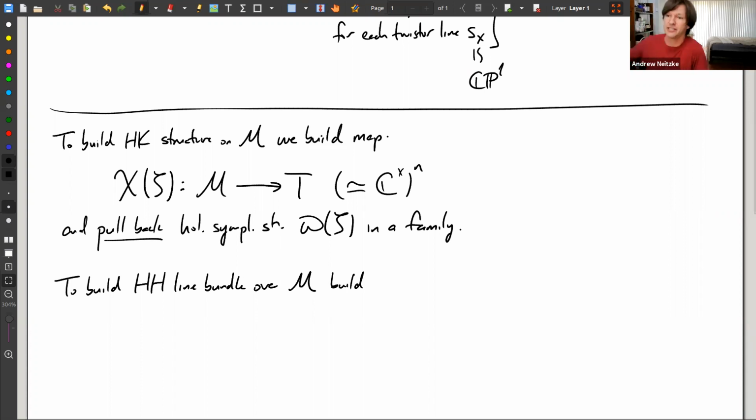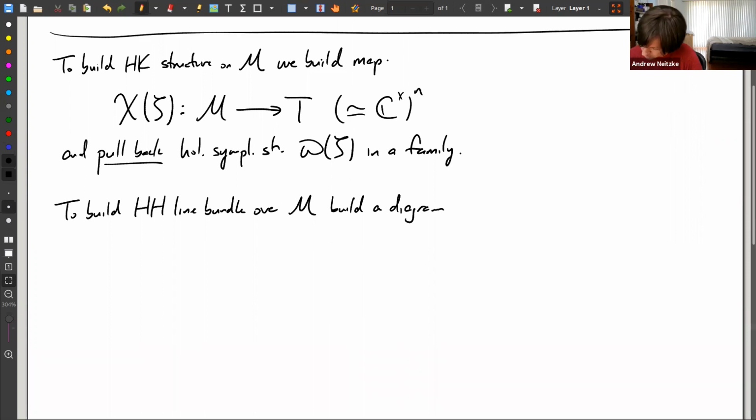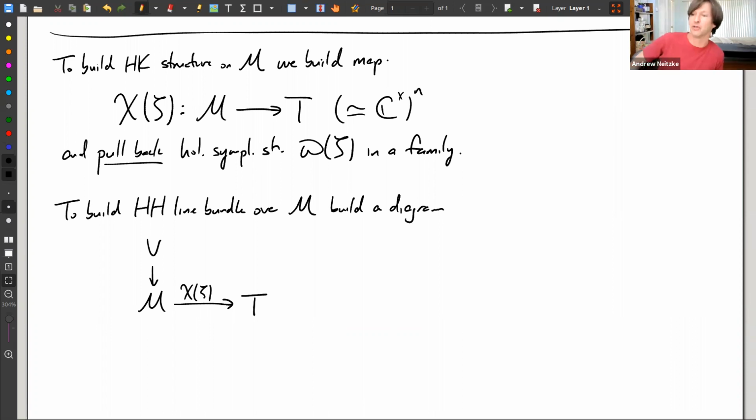So we're just going to extend this to a diagram of bundles over spaces. So before, what we had was this map, x of zeta, to the torus T. And now we're going to have a C infinity line bundle over M.